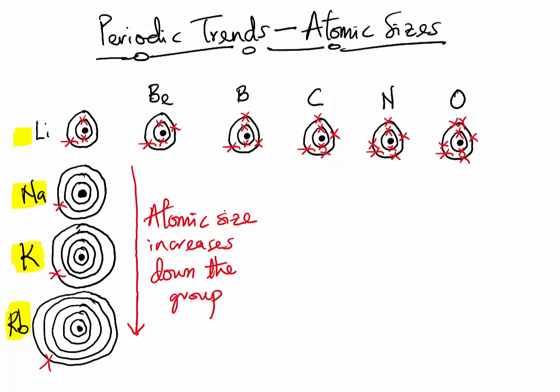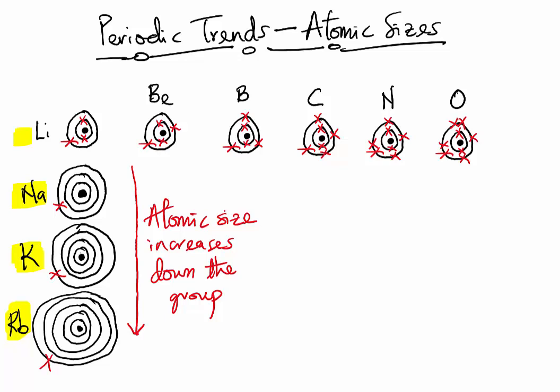Let us now take a look at elements in the same period of the periodic table. And we are going to make use of period number 2 as a representative of all the other periods. In period number 2, we have lithium, beryllium, boron, carbon, nitrogen, oxygen, fluorine, and neon. But we are only showing up to oxygen right now. All of them, as you can see, have 2 energy levels because they are from period number 2.